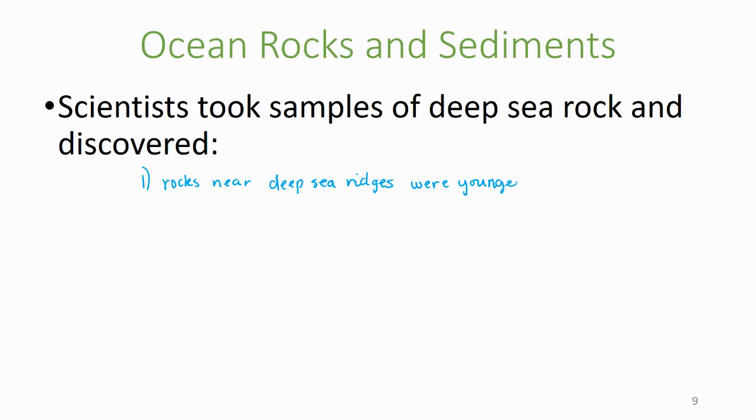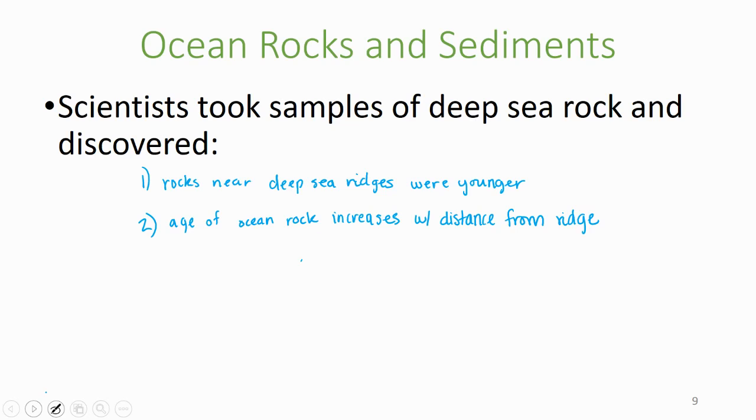The second thing they discovered was that the age of ocean rock increases with distance from the ridge. So the rocks near the ridge were younger, and the age increases as you go away from the ridge.